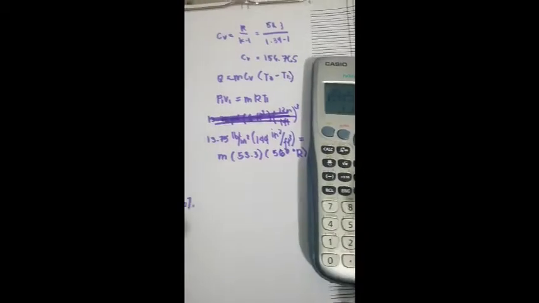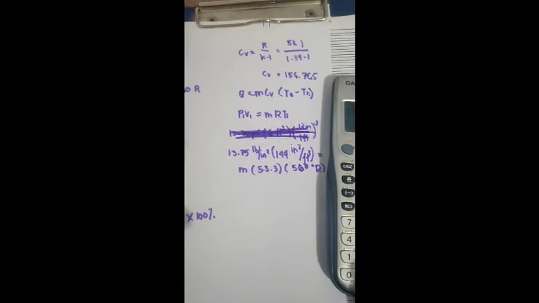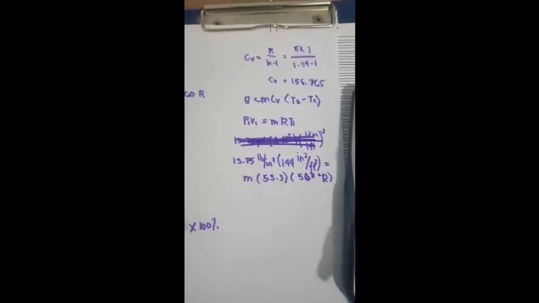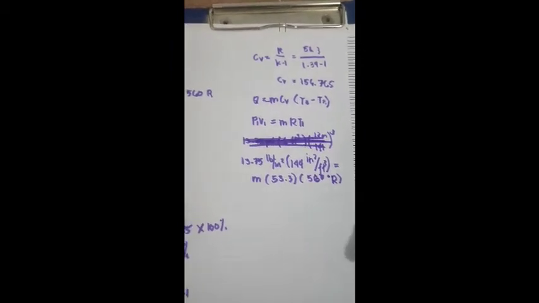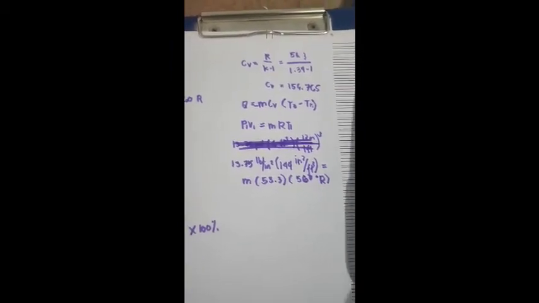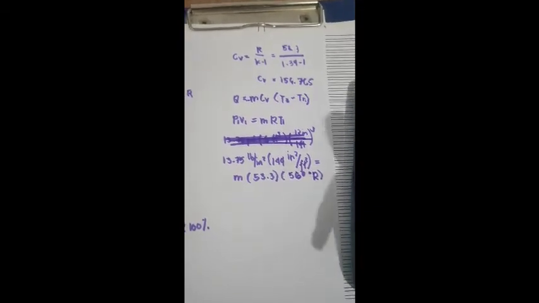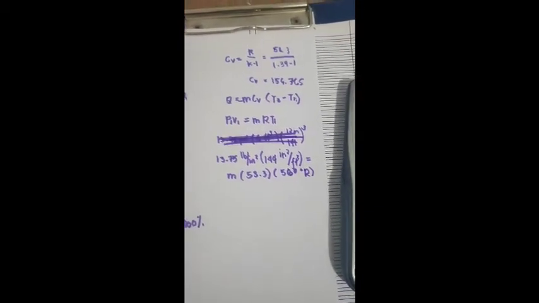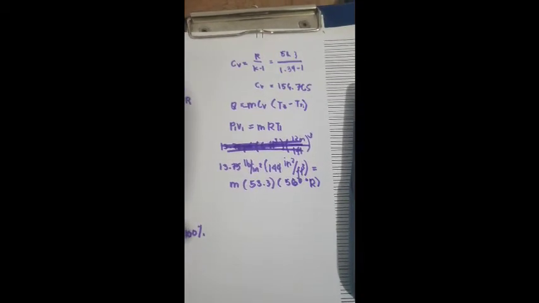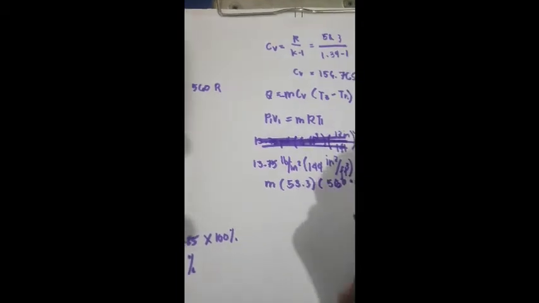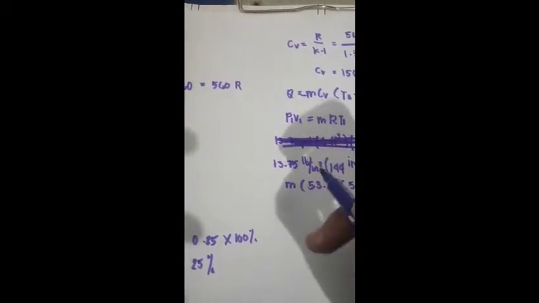So from this you will get 13.75 times 144 is equal to the mass times 53.3 times 560. You will get a mass of 0.3980 pound.